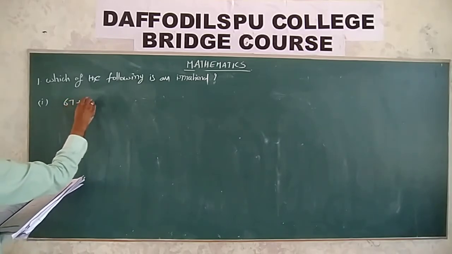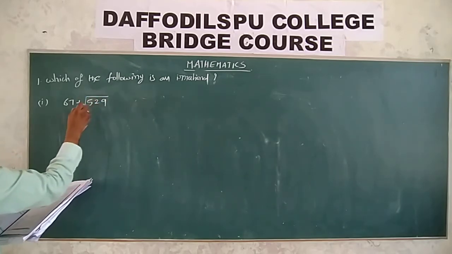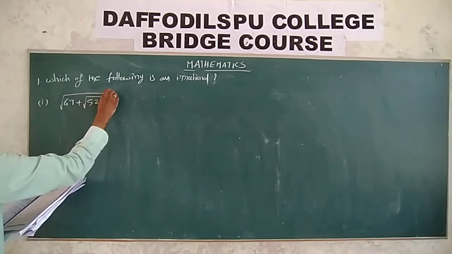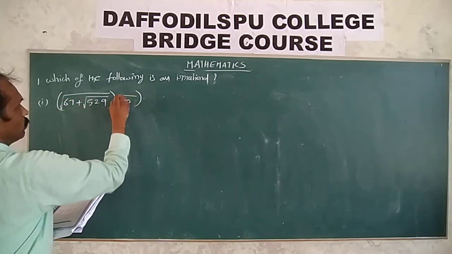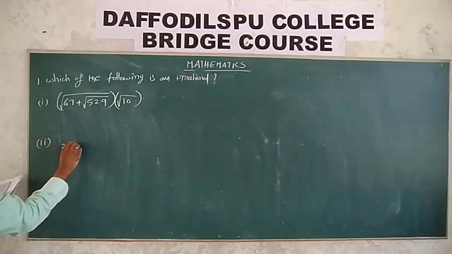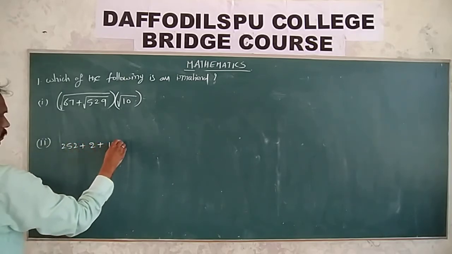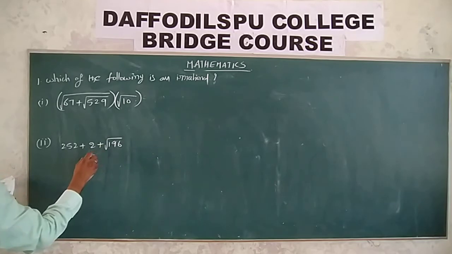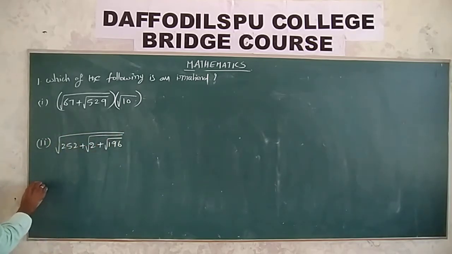First, the square root of 67 plus root 529, and the square root of that times root 10. Second one, the square root of 252 plus 2 plus root 196, and the square root of all this.